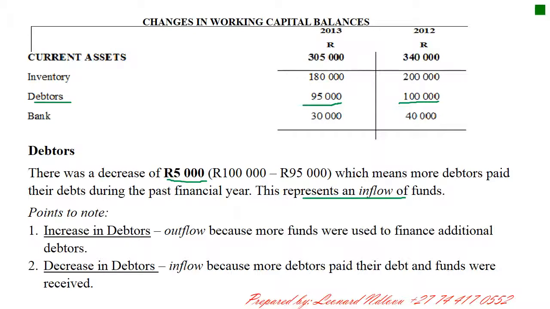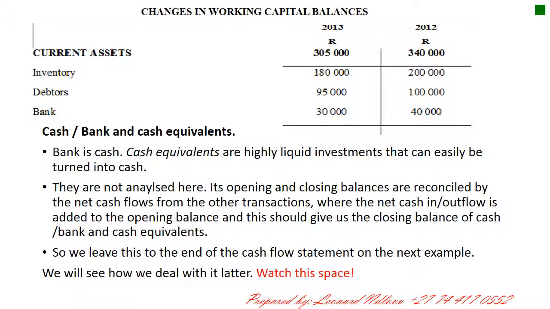Points to note: increase in debtors represents outflow because more funds were used to finance additional debtors, while a decrease in debtors is an inflow because more debtors paid their debts and funds were received by the business.